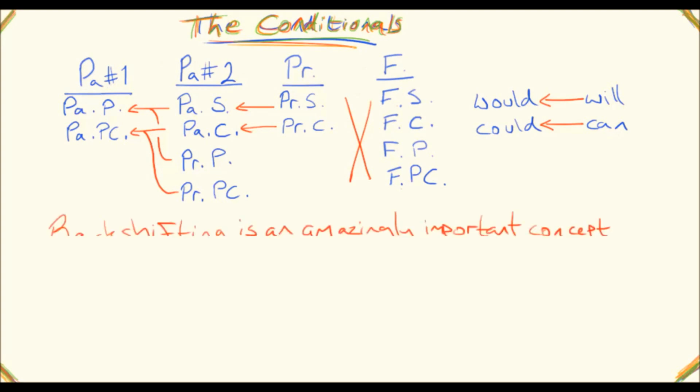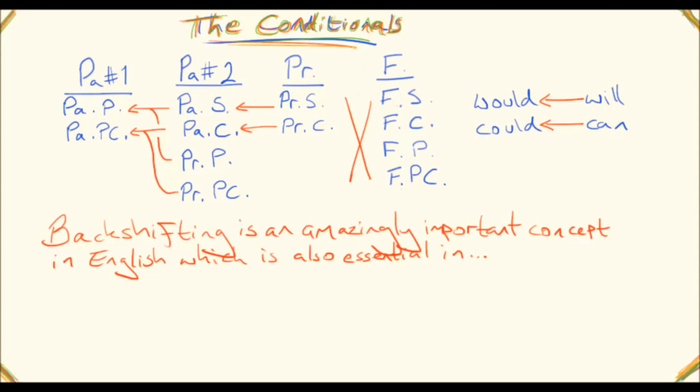So first of all, backshifting is incredibly important when it comes to understanding how to fully use English and how to start doing the dance of the tenses like native speakers do. We may not be aware that we're doing it, but we're certainly doing it all the time. Let's have a look at a couple of areas where backshifting is essential.